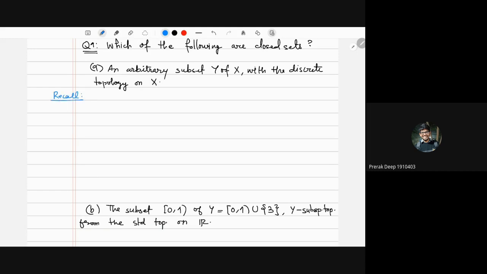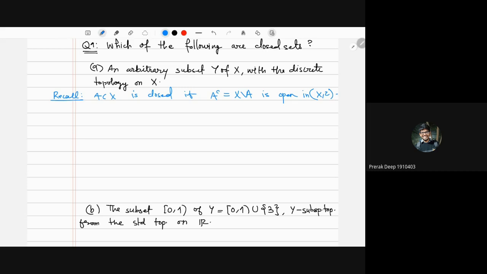A subset A of X is closed if its complement, defined to be X minus A, is open in the topological space (X, tau). That is what a closed subset means.